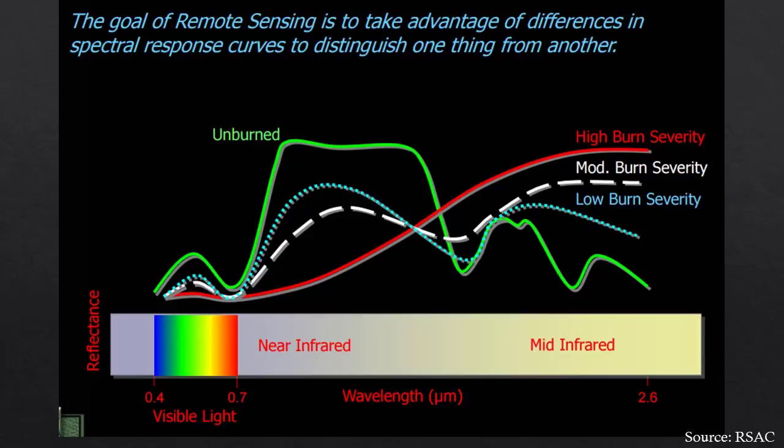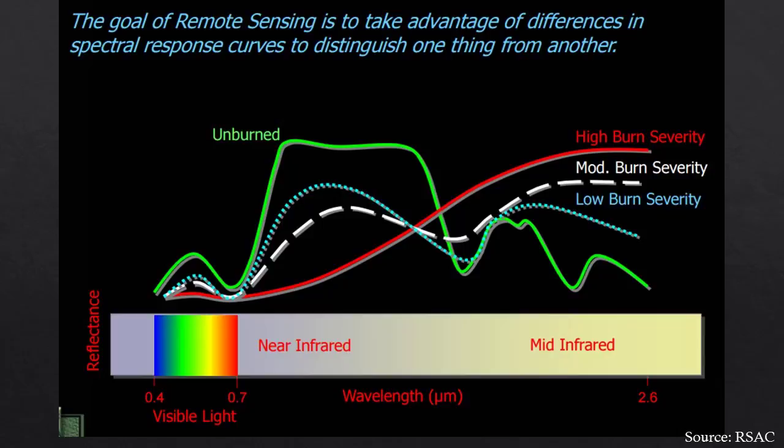Near-infrared light is largely reflected by healthy green vegetation. That means that near-infrared bands will be very high in areas of healthy green vegetation and low in areas where there is little vegetation. Mid-infrared light is largely reflected by rock and bare soil. That means that mid-infrared bands will be very high in bare, rocky areas with little vegetation and low in areas of healthy green vegetation.